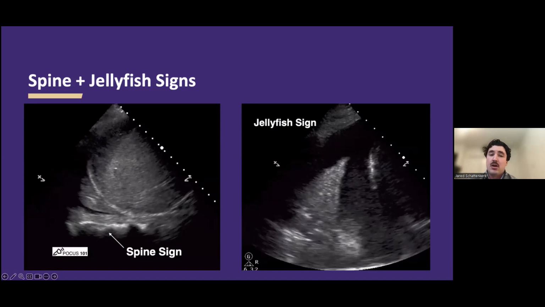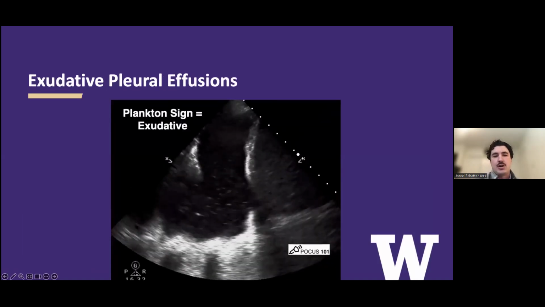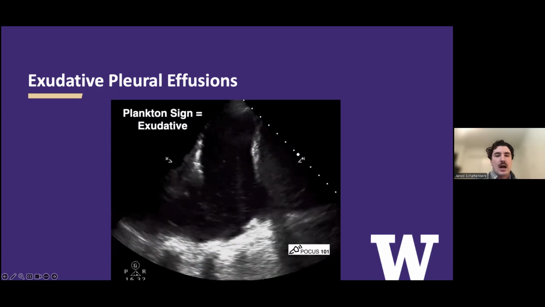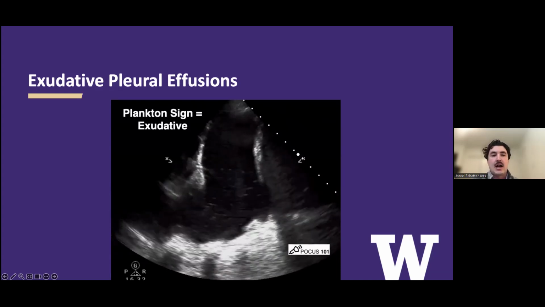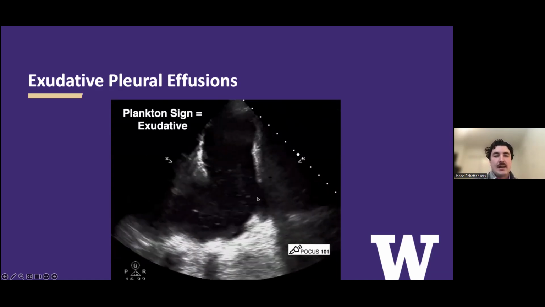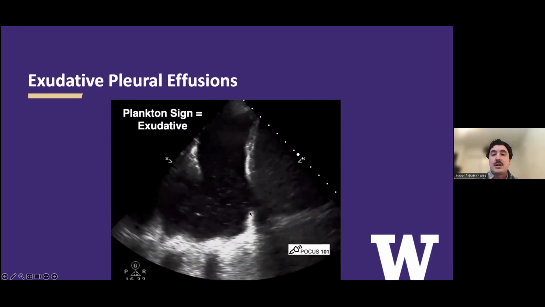Point of care ultrasound can also help you start to differentiate between a transudative and an exudative pleural effusion. There's a sign called the plankton sign, where you see swirling hyperechoic debris in the pleural effusion. This can be suggestive of an exudative pleural effusion.